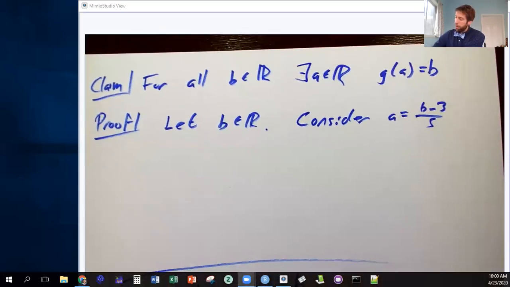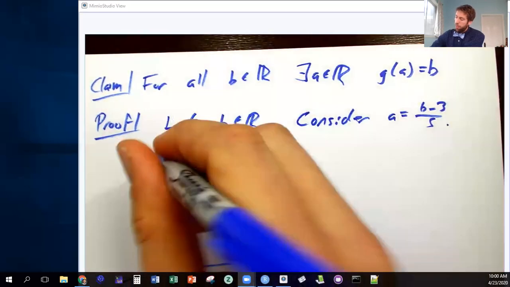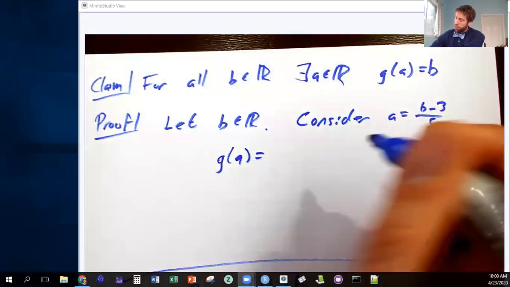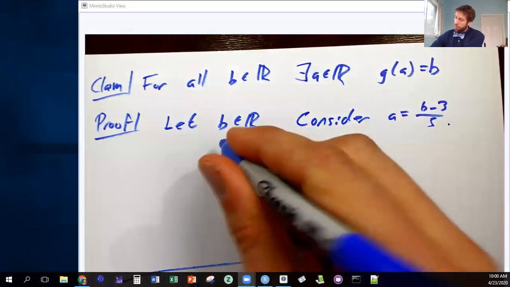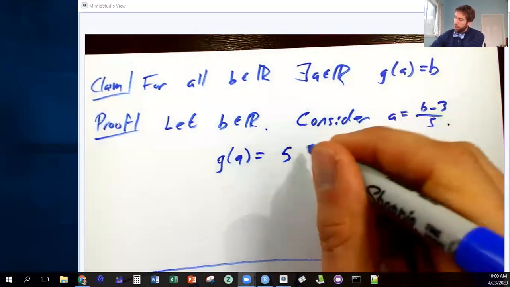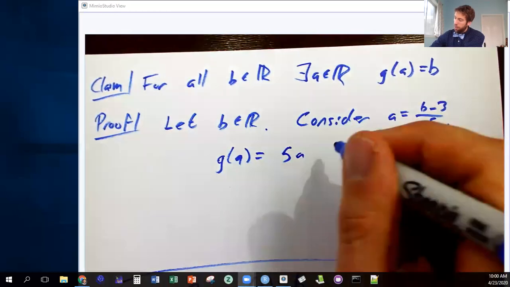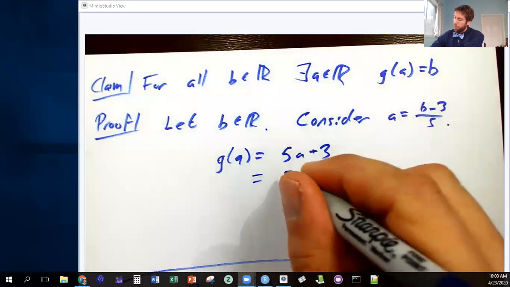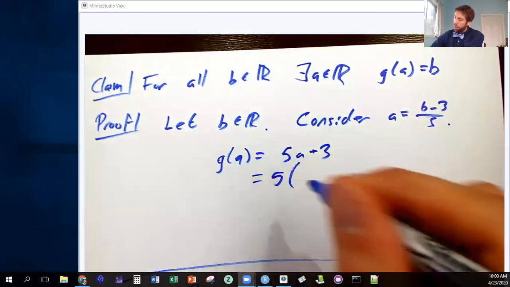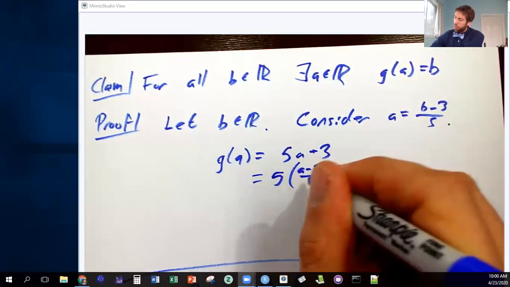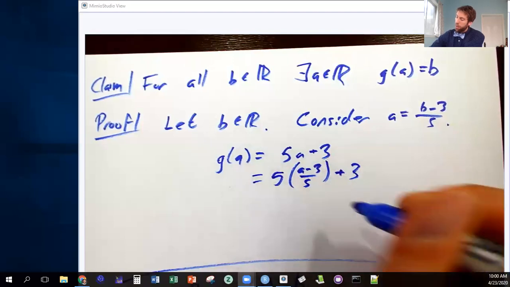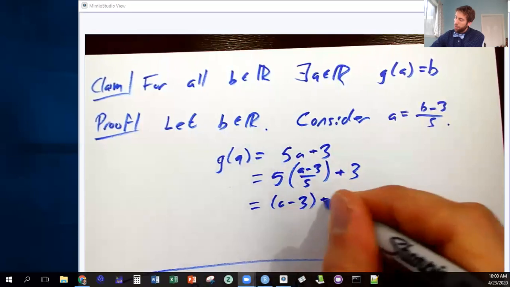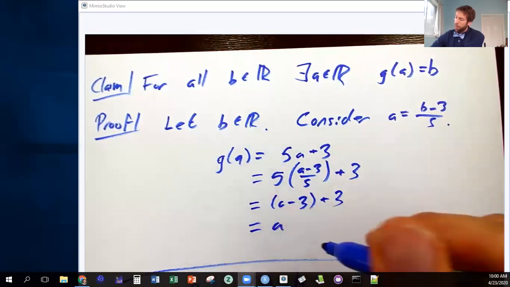Consider that, period. g of a equals 5 times a plus 3, because that's what g does. But what's a? That's 5 times (b minus 3) over 5, plus 3. 5 divided by 5 is 1, so b minus 3 plus 3 equals b.